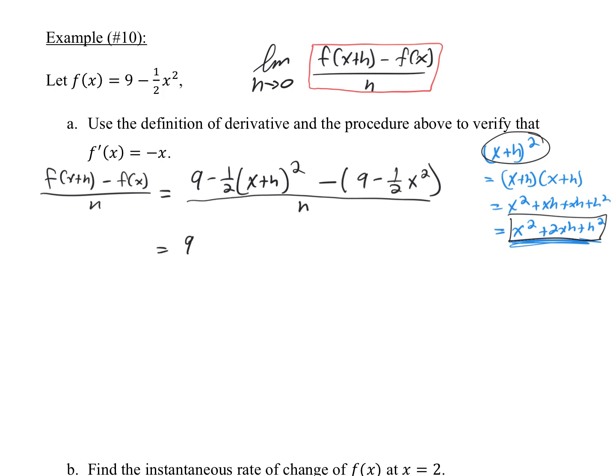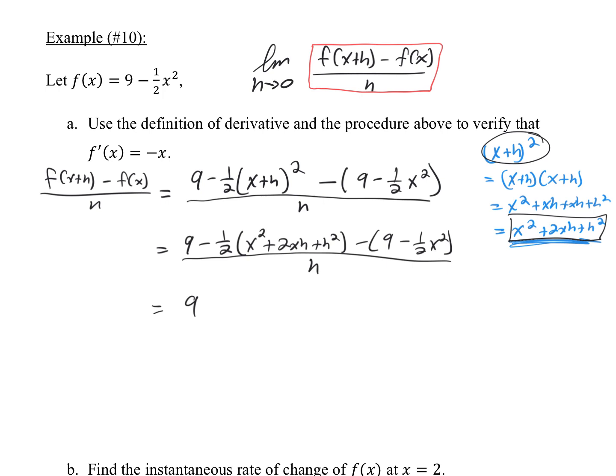Okay, so how do we use that? I'm just going to simplify. This is 9 minus half of, okay, now I'll substitute that in, x squared plus 2xh plus h squared, minus 9 minus 1/2 x squared. I haven't distributed anything into parentheses yet, but now, in this next line, I'll go ahead and do that.